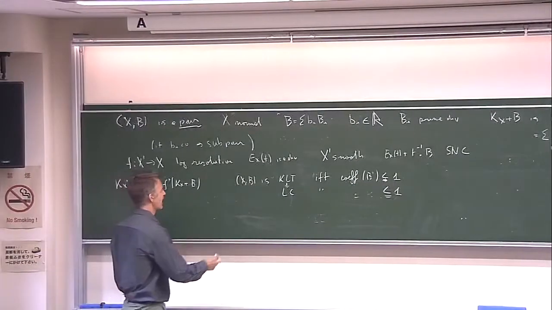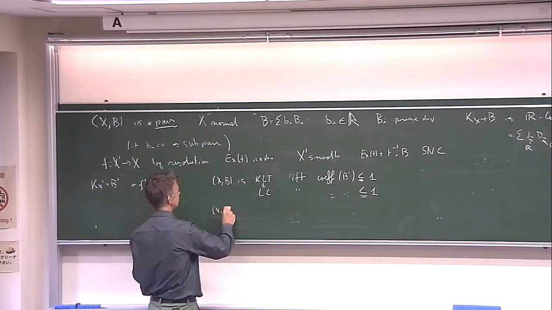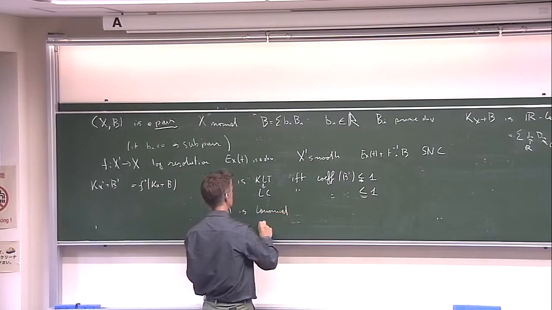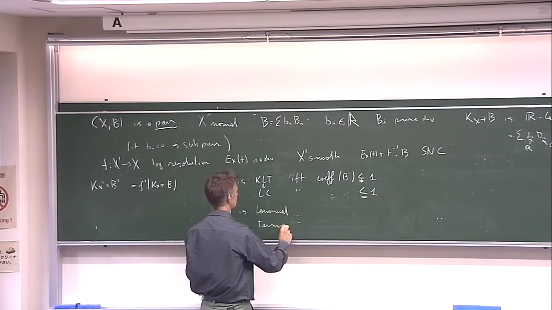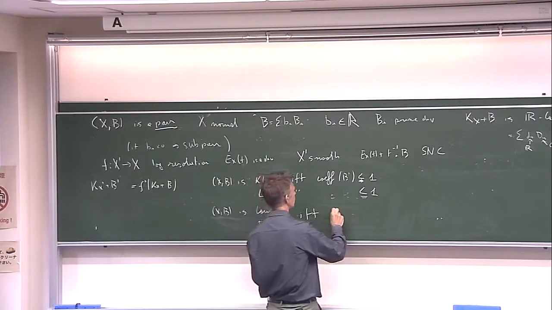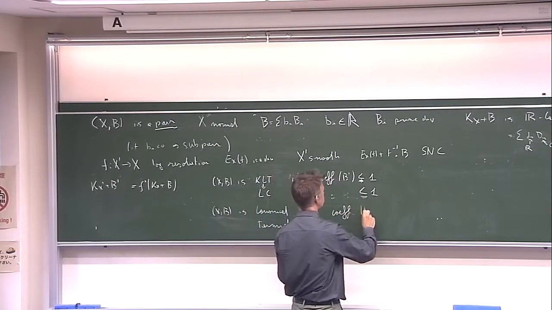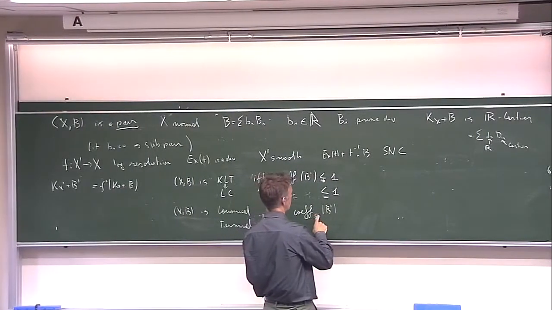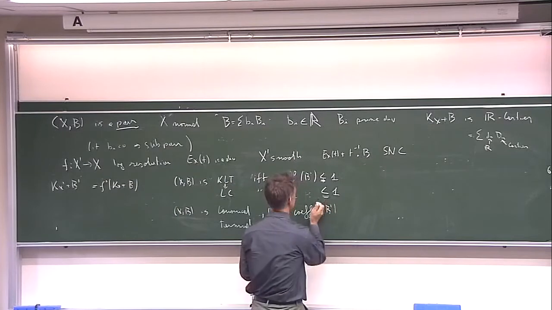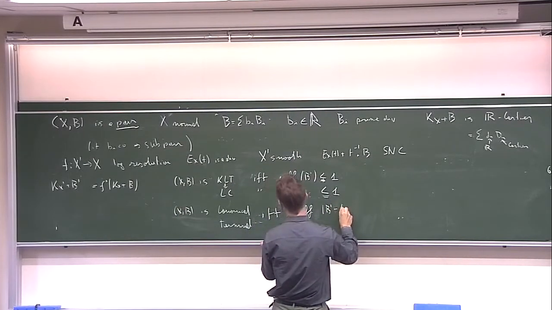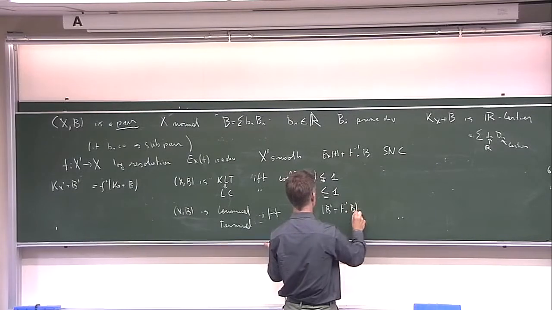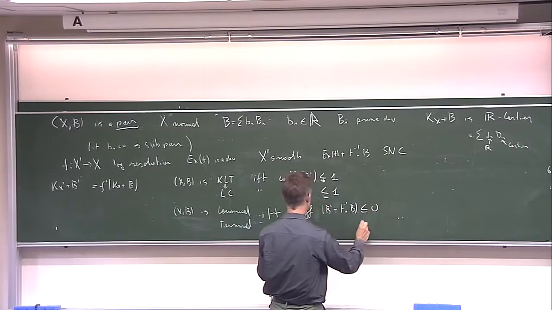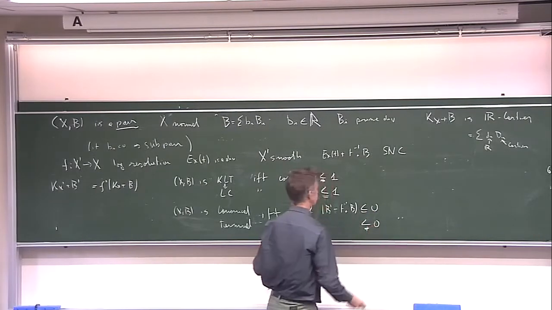Then I will say that (X, B) is canonical or terminal if and only if the coefficients of B' with respect to some exceptional divisor E, of B' minus the strict transform of B, are: canonical, less than or equal to 0, and terminal, strictly less than 0.